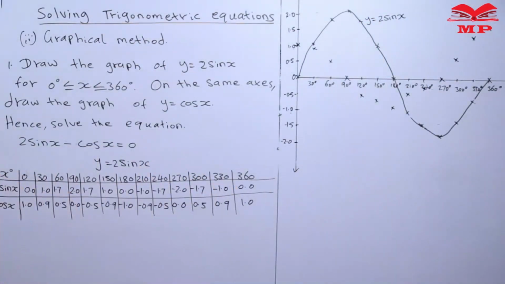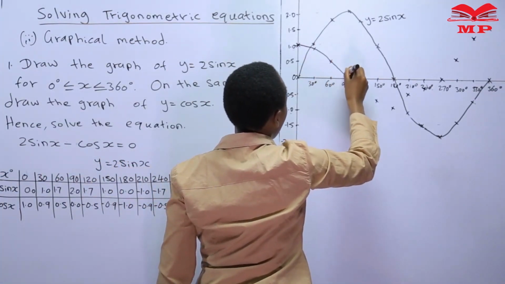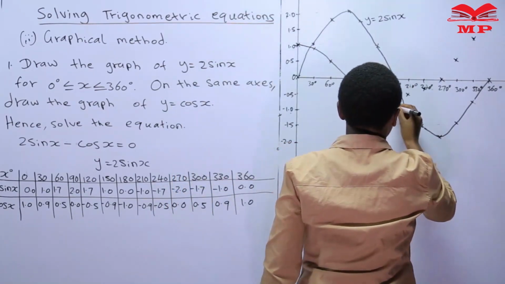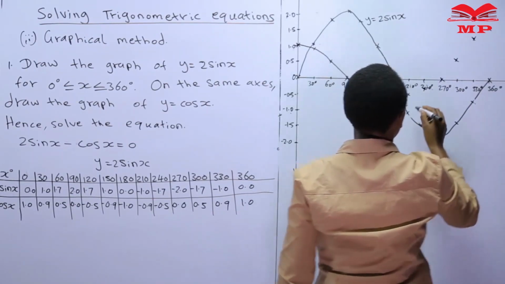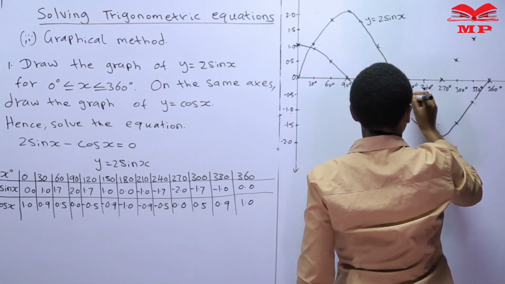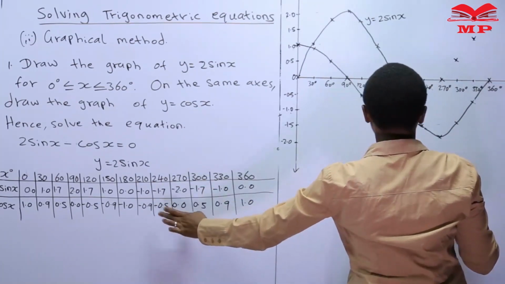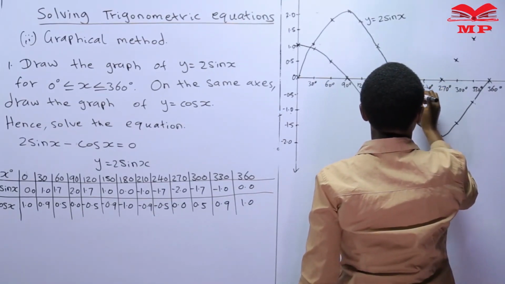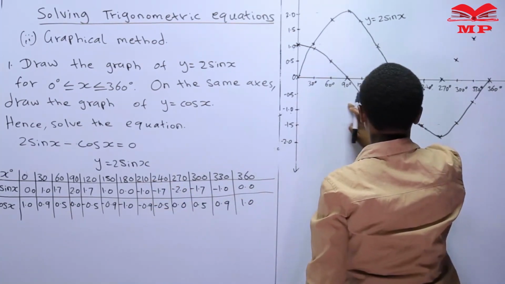Again, we join the points to get the other curve. So we are going to have it this way. This is our turning point here. Move on to this point. Then again, we move on to 240. We have -0.5. And 210, we have -0.9.